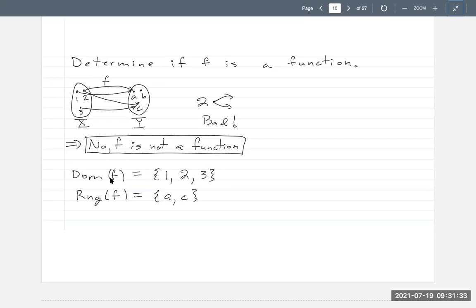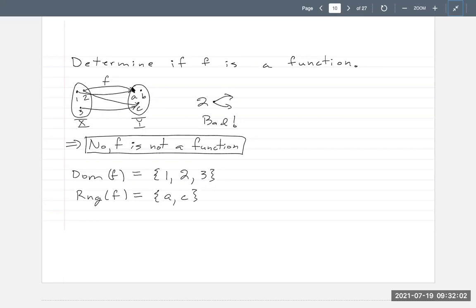Anything that f emanates from is in my domain. So 1, 2, and 3 have lines that go out from them. And so, yes, the domain of my function is 1, 2, 3.